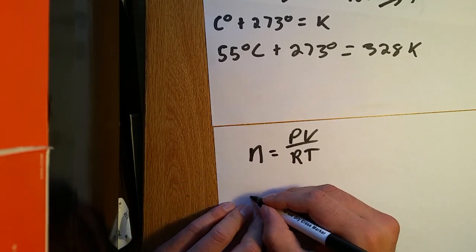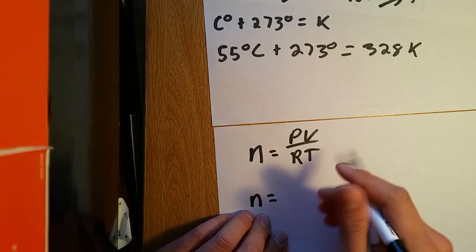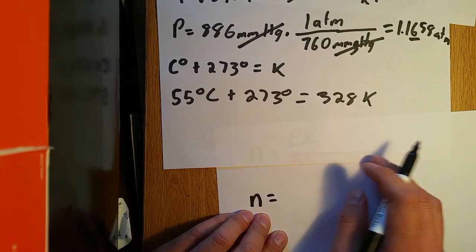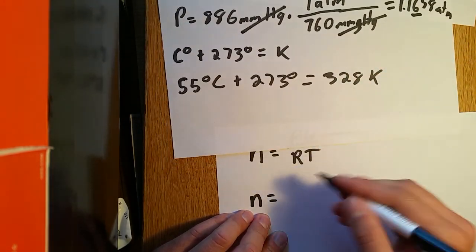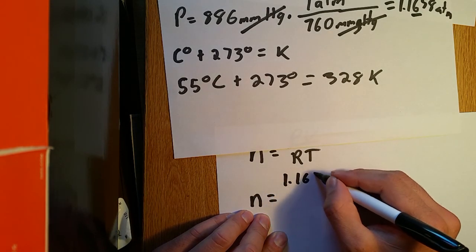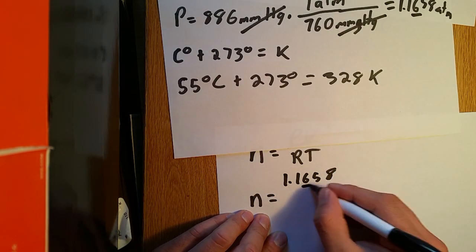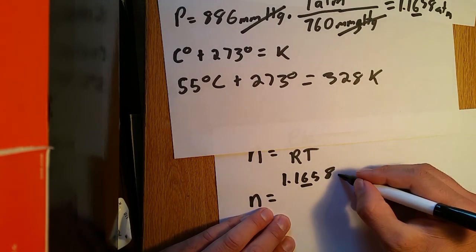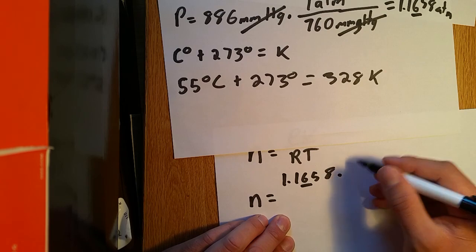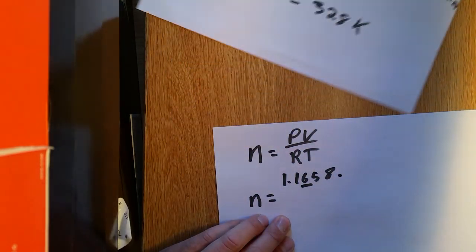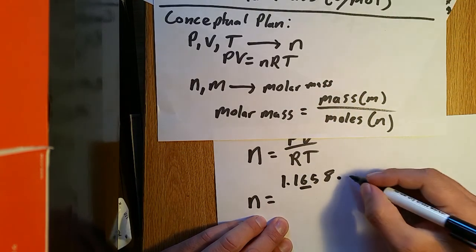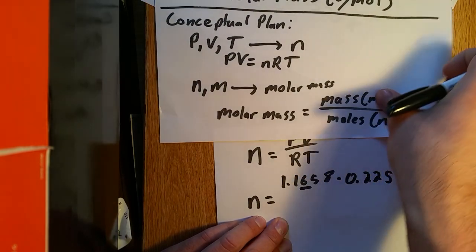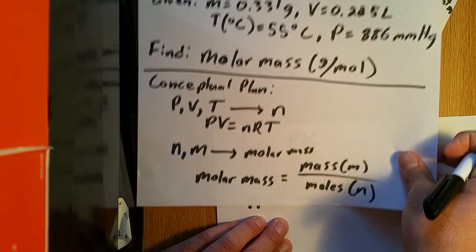We insert our pressure that we calculated in atmospheres, 1.1658. Remember to include the whole number, and we keep track of that sig fig. We multiply it by our volume, 0.225 liters.